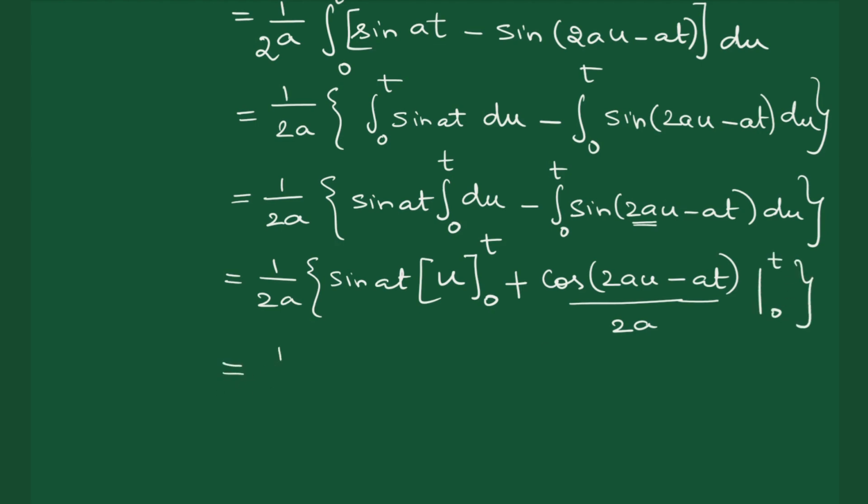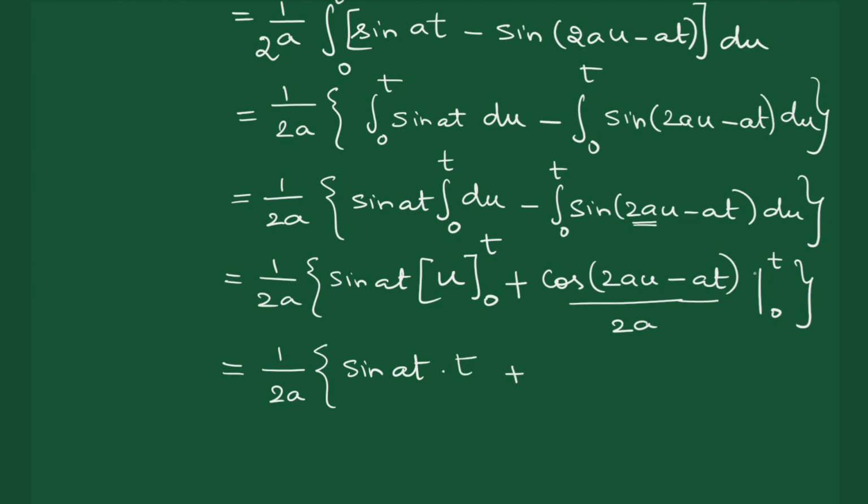So this is equal to 1 by 2a into sin at into u, where the upper limit is t and the lower limit is 0. Upper limit minus lower limit is t minus 0, which is t.